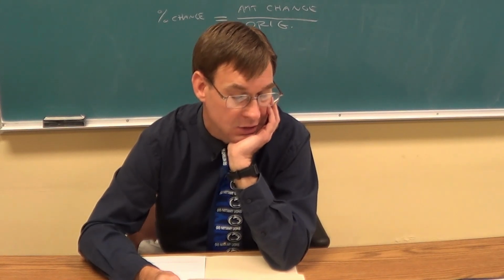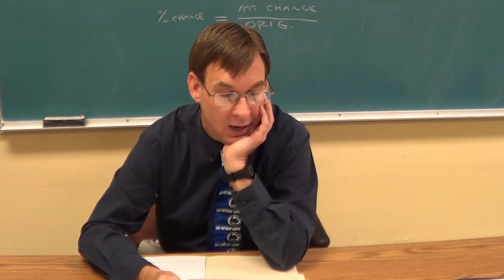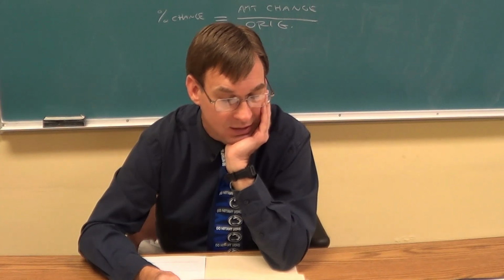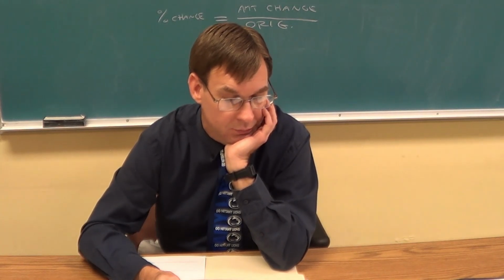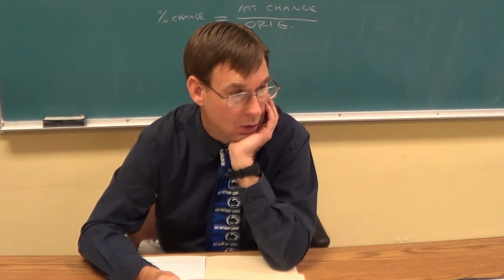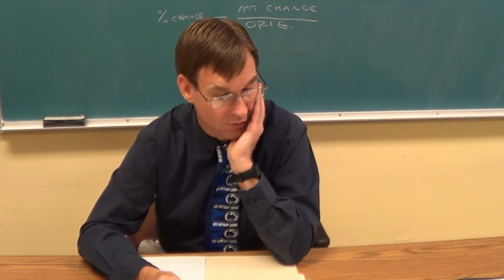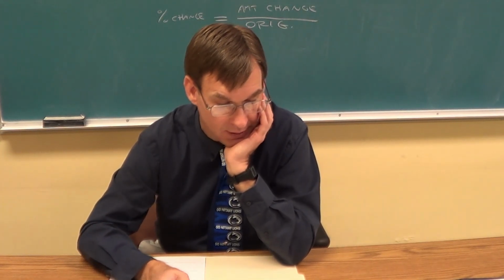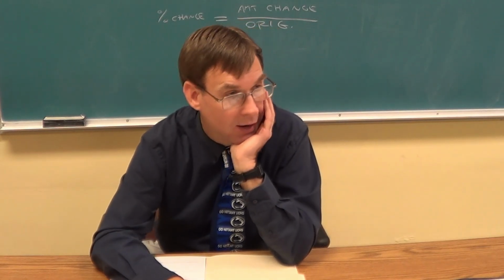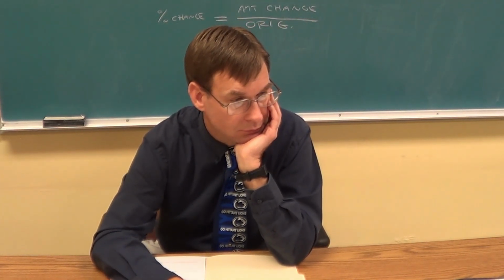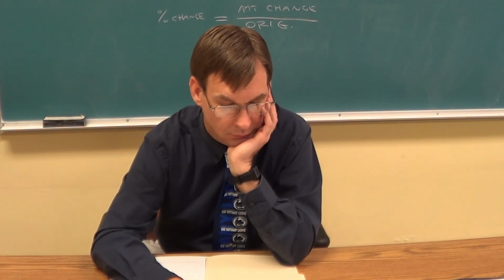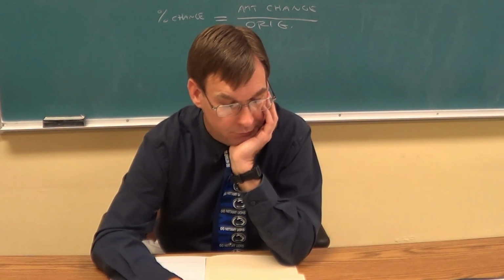So if we take the original price, 500, times the 0.6, that's going to get you the new price. There's no x, there's no equation, there's no opposites, there's no solving. Just take the 500 times 0.6 and math it out. What do you think? $300. 300 is true.